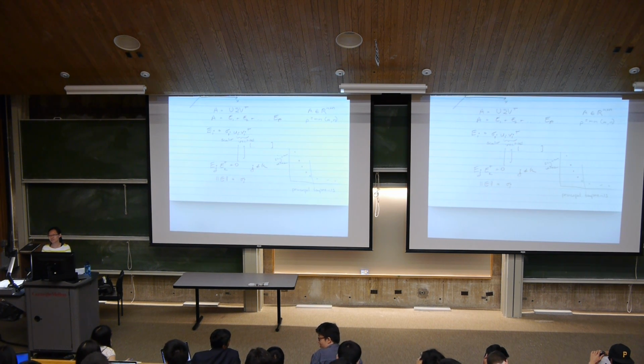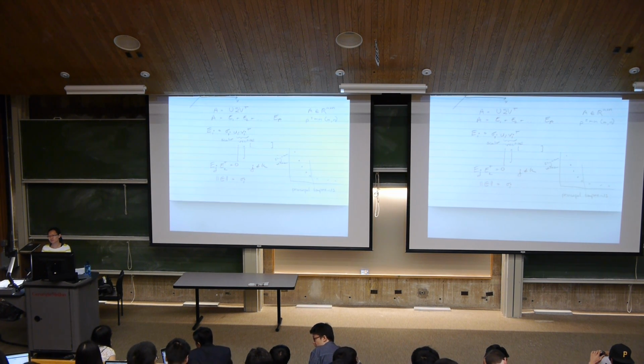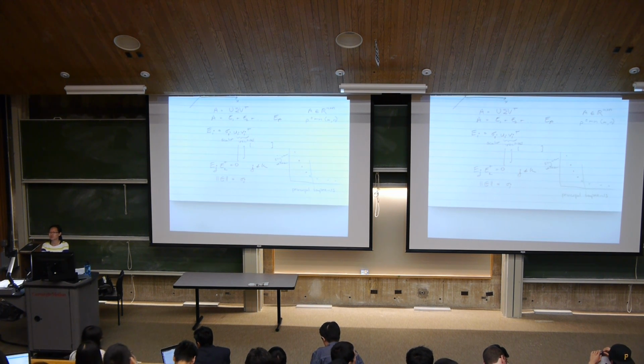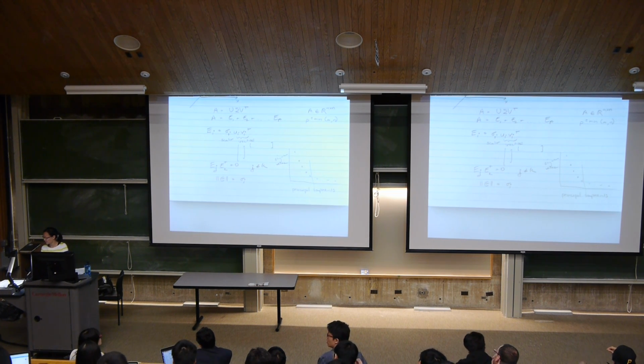The fact that P has to be the minimum of m comma n implies that A is a full rank matrix. Okay, so the number of singular values that you're going to have is the rank of the matrix. So P is the rank, and not the minimum of m comma n.